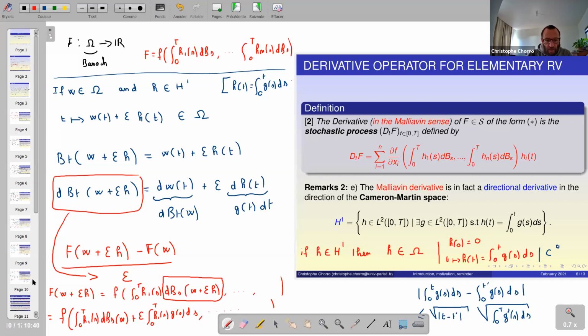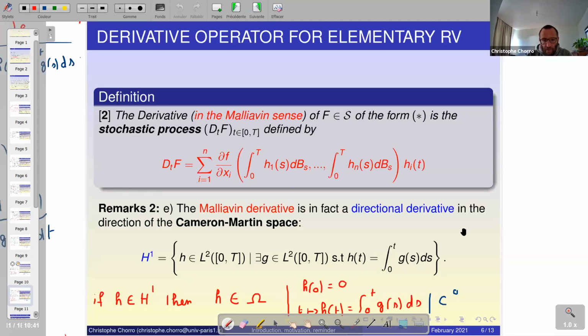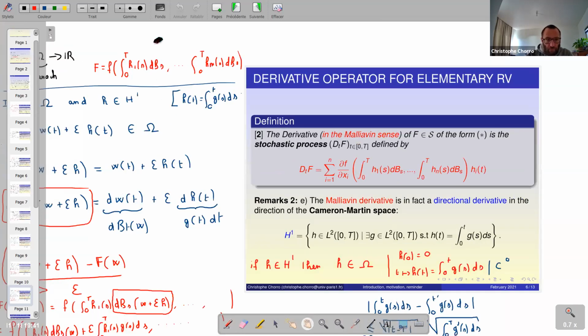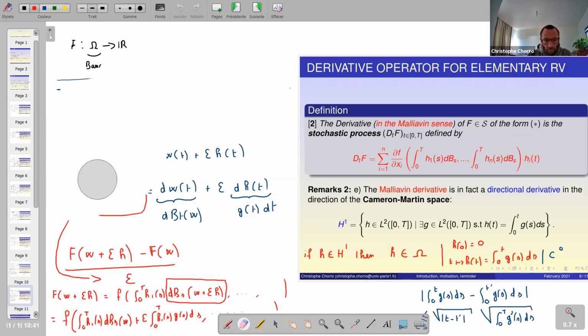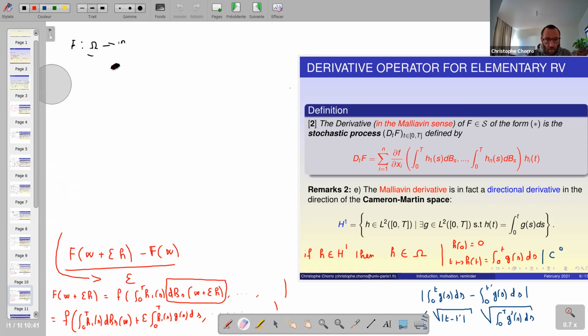So if I want to be a little bit clearer, I will duplicate this slide, in order to erase and to simplify things a little. If I summarize what I have done here, I am interested in this ratio.